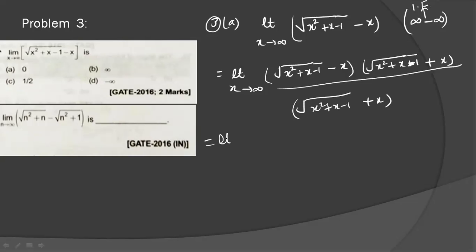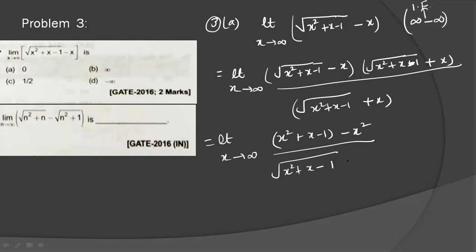Now solve the numerator. A minus b times a plus b gives a square minus b square, upon under root x square plus x minus 1 plus x. X square is cancelled out. Limit x tending to infinity, it will be x minus 1 upon under root x square plus x minus 1 plus x.